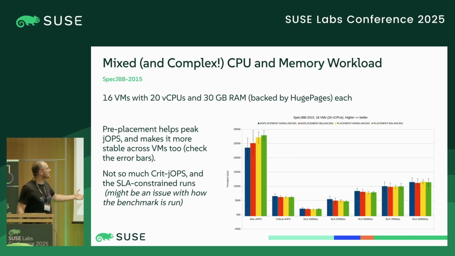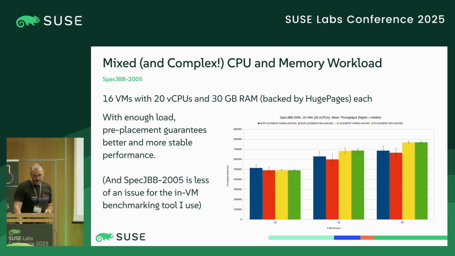They seemed good, at least these max jOPS, but I don't think we can rely on them that much. The earlier version of SPECjbb shares the same problem to some extent, but a lot less, based on how the benchmark runs.